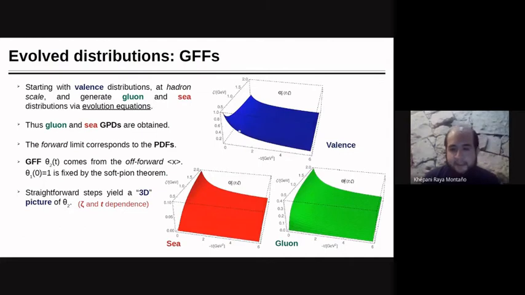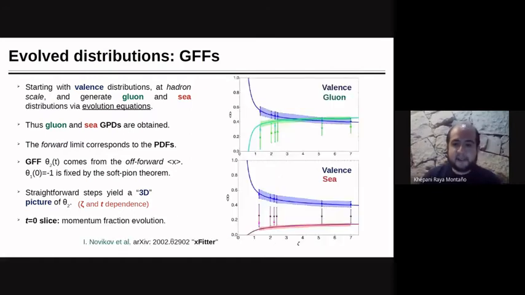We can plot the t, the momentum transfer dependence, and the scale dependence. In the previous slide, I showed you the slice that corresponds to t equals 2. And we can also take a look at the slice that corresponds to t equals 0, because that is very interesting. This corresponds to the momentum fraction evolution.